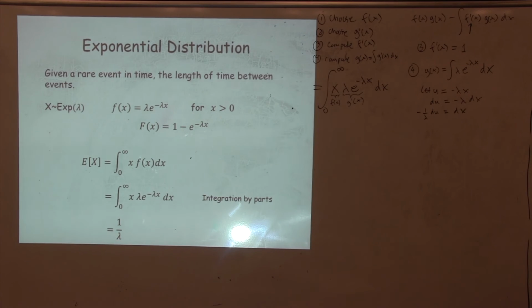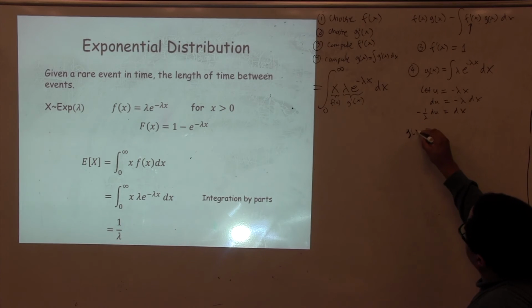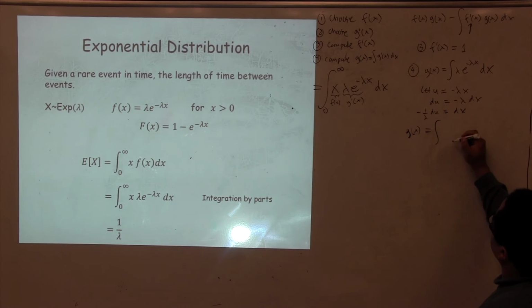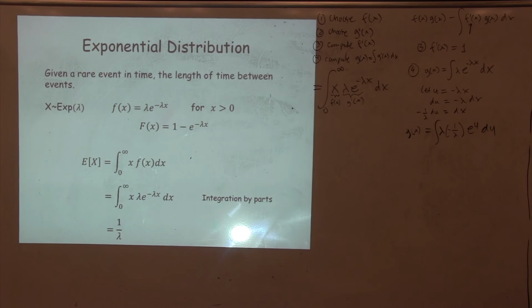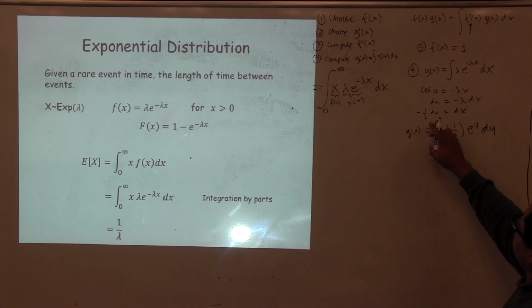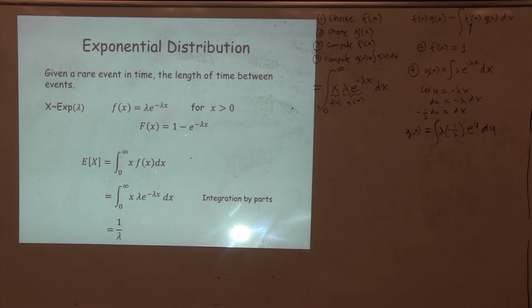If I make that u substitution, I get g of x equal to the integral of lambda times minus 1 over lambda, e to the u du. I replace dx with a factor of 1 over lambda times du, and the exponent changes based on the substitution with u.